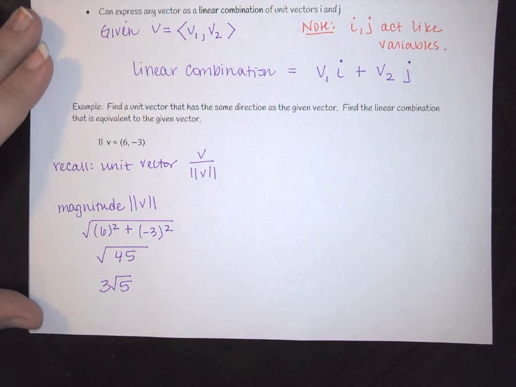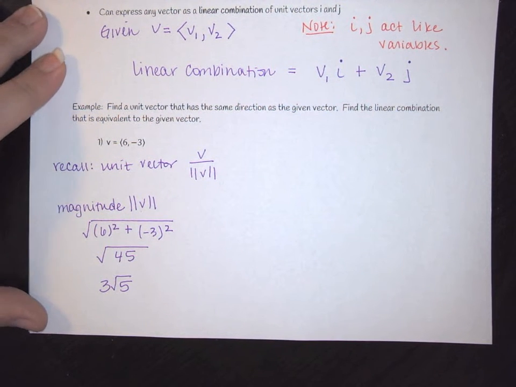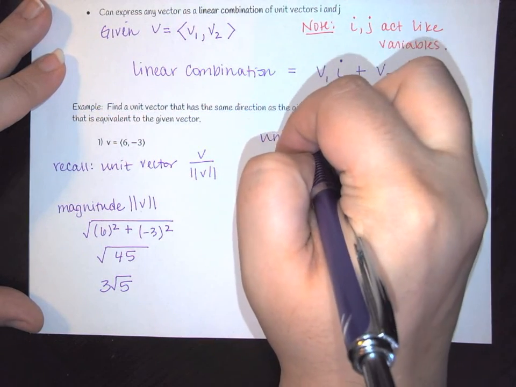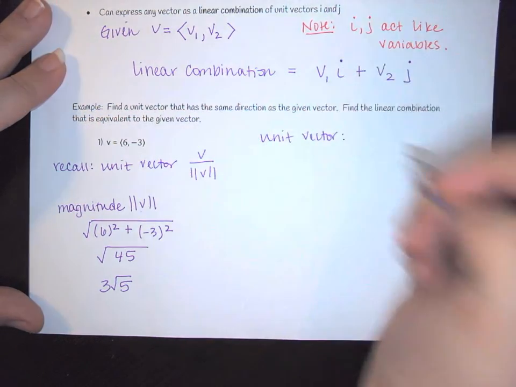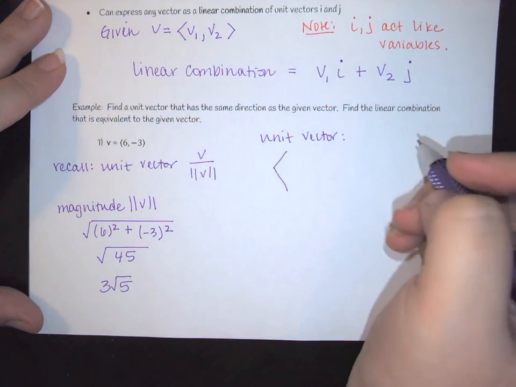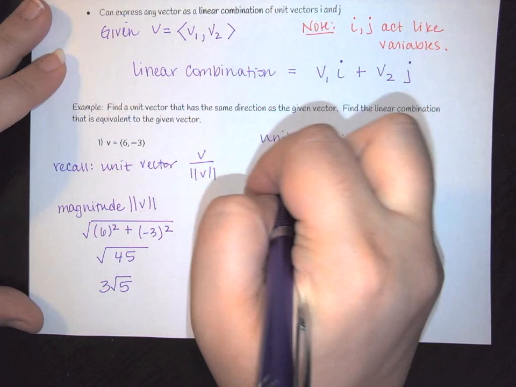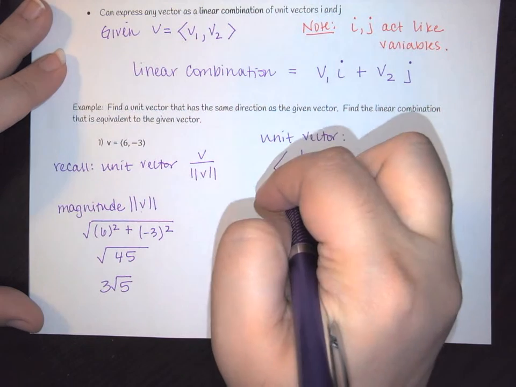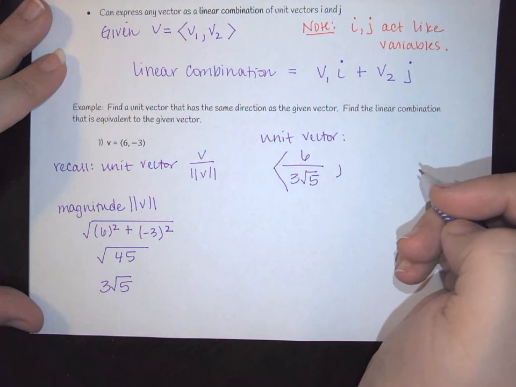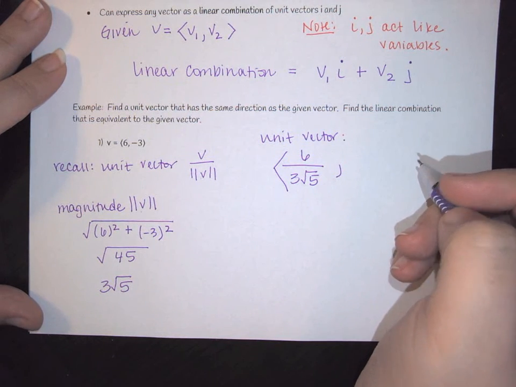Now we're going to use that in order to find our unit vector. So your unit vector is going to be, again, the component where we are going to have v1, so 6, and we're going to divide that by the magnitude, 3 square roots of 5. And then we're going to do it again for the other.